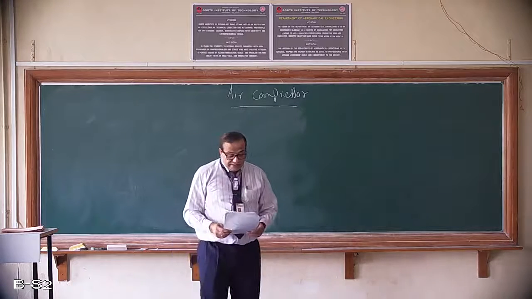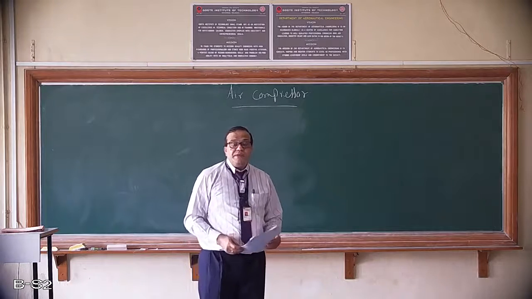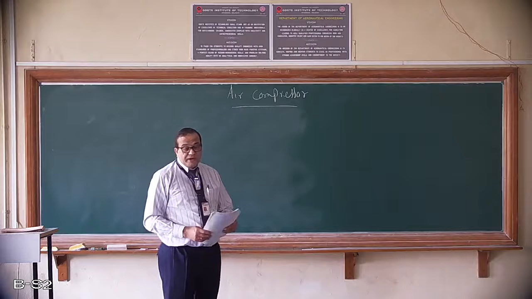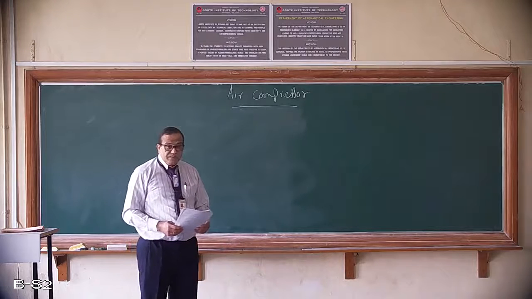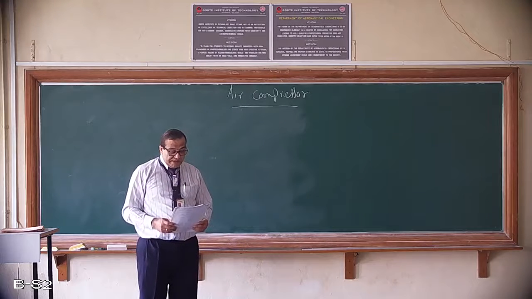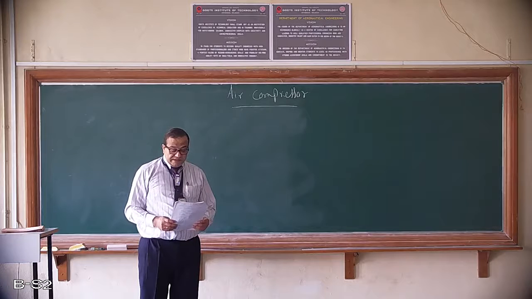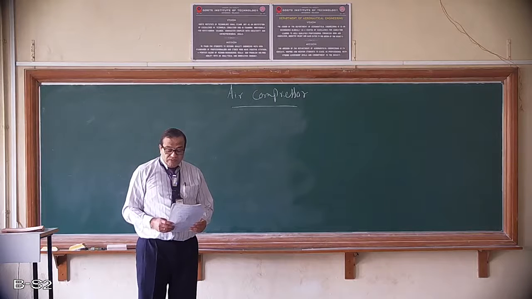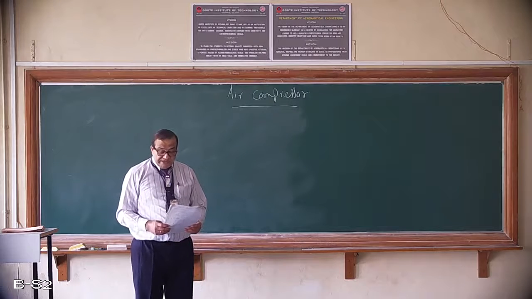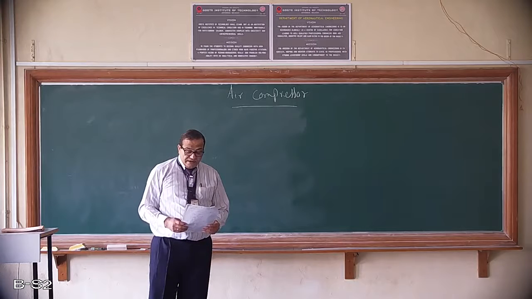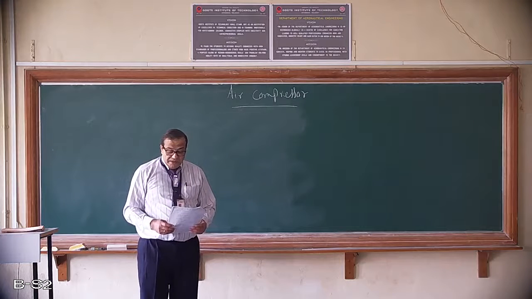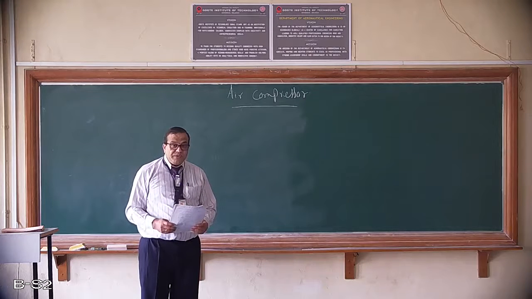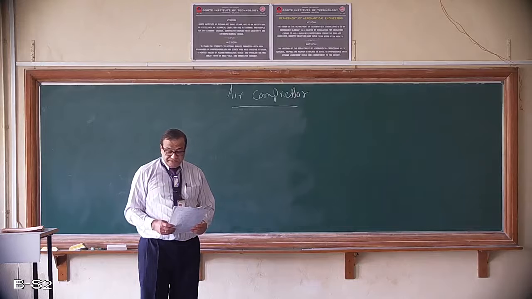Good morning. Today we'll start with the numericals of reciprocating air compressor. So you can note down the problem. An air compressor takes in air at 1 bar and 20 degrees Celsius and compresses it according to law PV to the power of 1.2 is equal to constant.